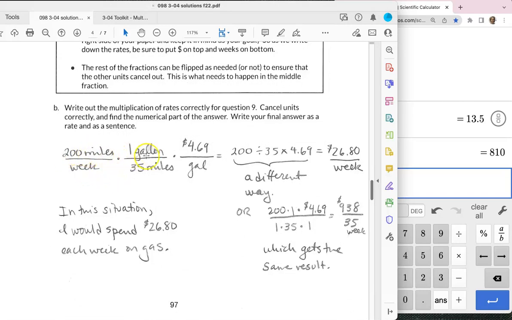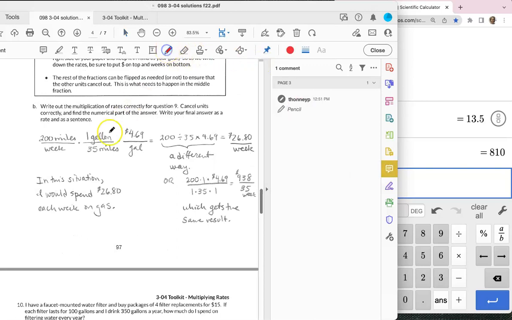So now I rewrote the problem. And I wanted to show you that there's a couple different ways to work this out. The first thing we want to think about is the fact that these units are going to cancel the way we want. Gallons cancels gallons.